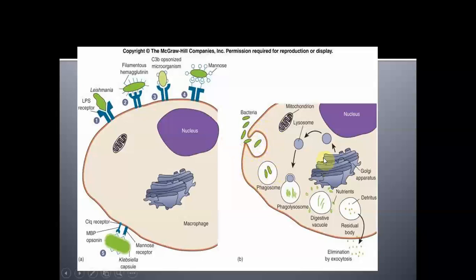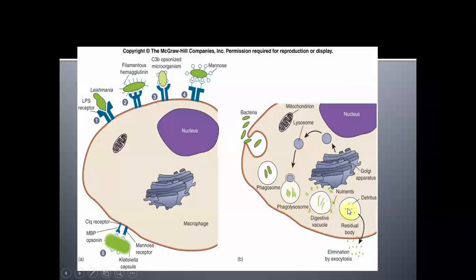And then the lysosomes or the digestive granules inside the neutrophils or the macrophages are going to attach to the wall of the phagosome, and they are going to deliver their granules inside the phagosome, and then those granules are going to digest whatever is present inside the phagosome to form what we call a digestive vacuole.